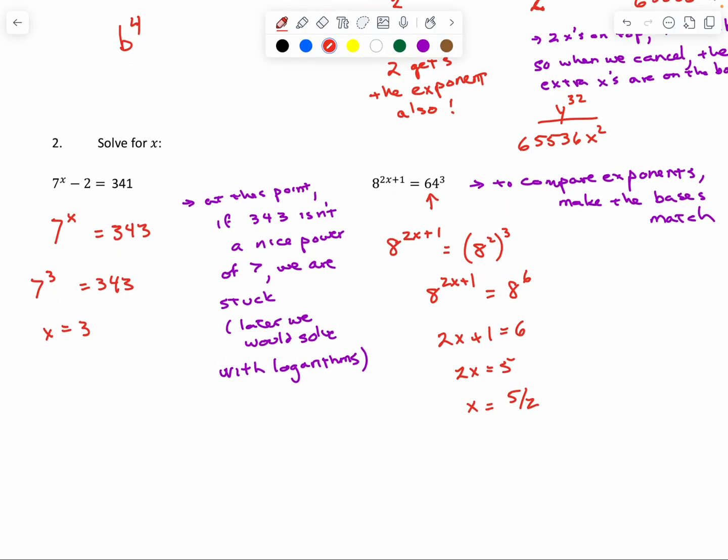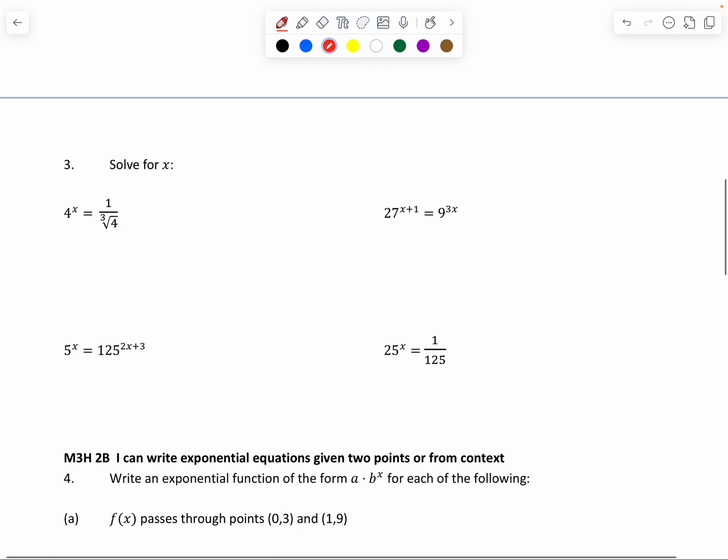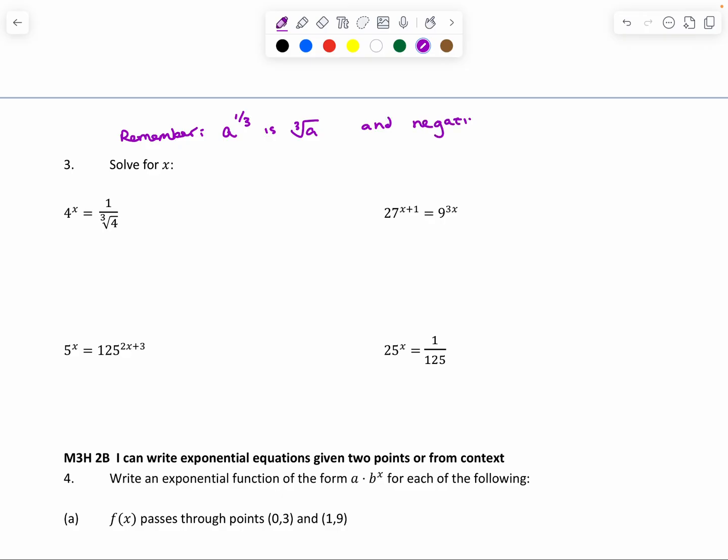Okay, next. Okay, so remember that, okay, so what is this exponent?